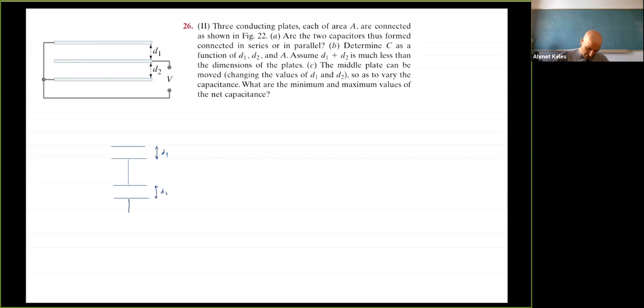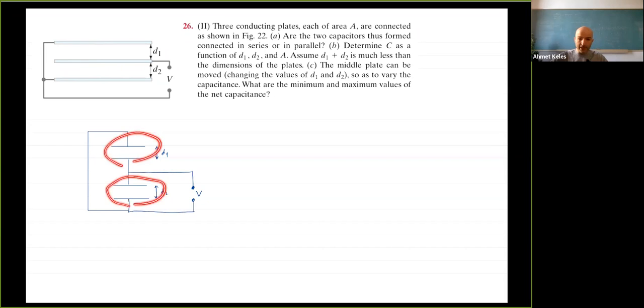And it seems like there's a connection from here to here, something like that, and this is V. And now I need to connect this plate to this one, right? Now I think it's a little easier to see. So my question is, these two capacitors, are they parallel or series?